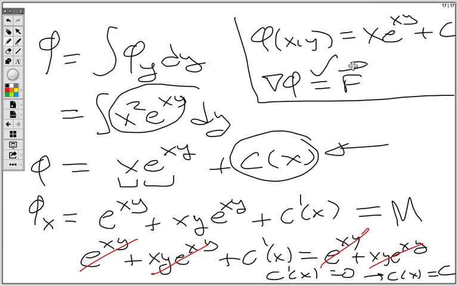So the method here is called the method of successive partial integrations followed by partial differentiations. What we're doing here is we're trying to determine what phi looks like one variable at a time. So we integrate one of the partials and then take the derivative of that answer with respect to the other variable to try to pin down the dependence on that second variable.